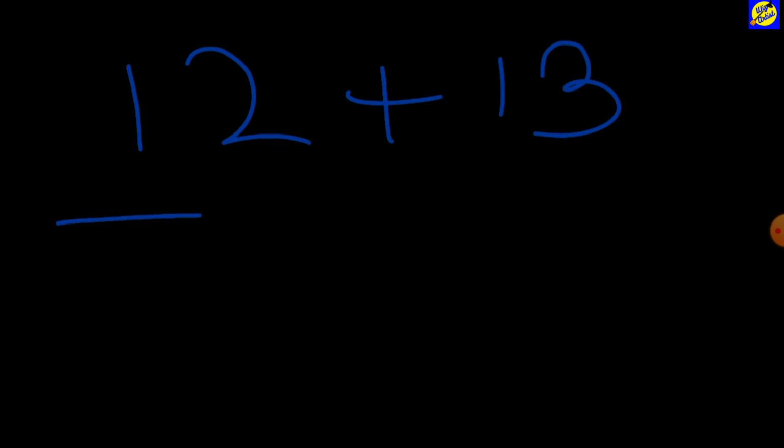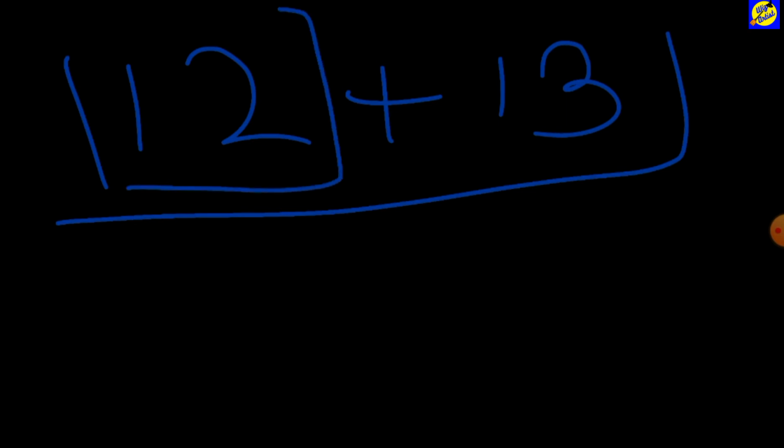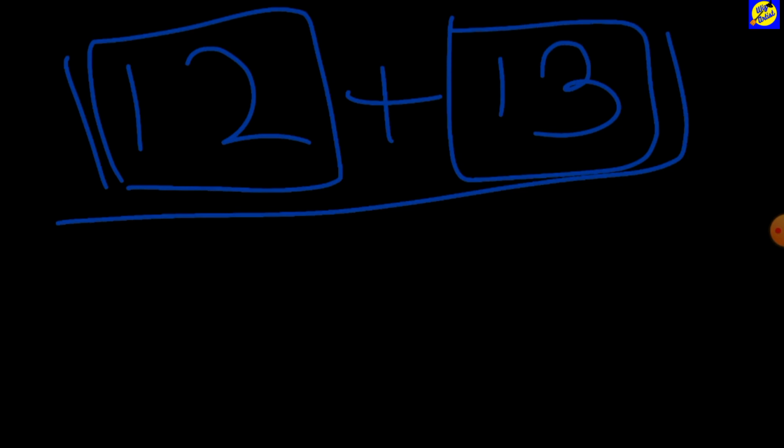But now if you're told to calculate these numbers, 12 plus 13, will you be able to calculate these numbers on your fingers? No, because you have only 10 fingers. How can you calculate numbers that are larger than 10 on your fingers? Thus, here is where we will use the columns method to add. First, you'll put the first number.